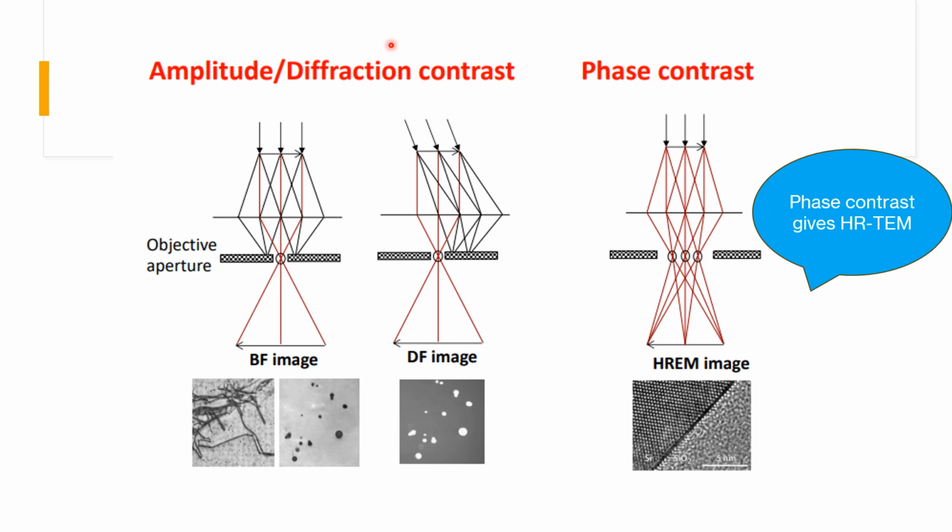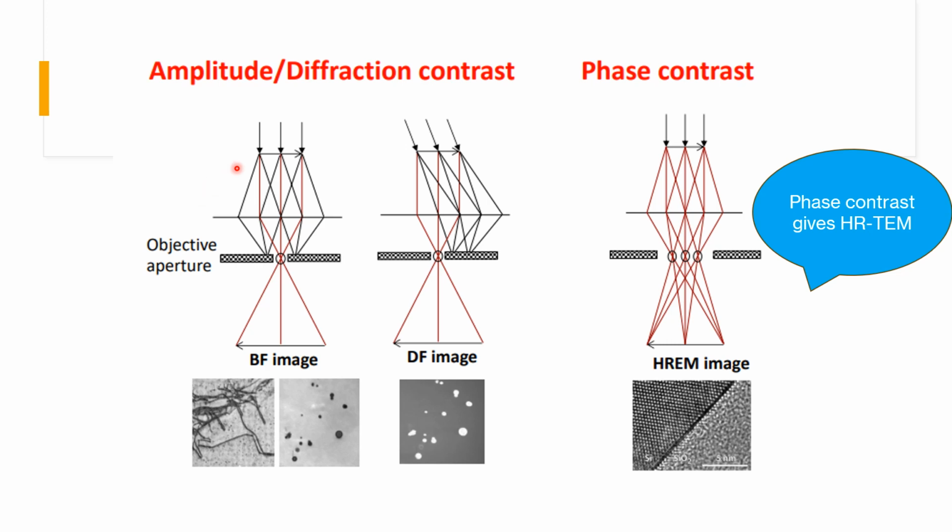Amplitude or diffraction contrast is related to the Bragg angle. At a particular angle theta, we have a particular contrast, and a different angle theta gives a different contrast. In this we have two imaging modes: the first is bright field imaging and the second is dark field imaging.